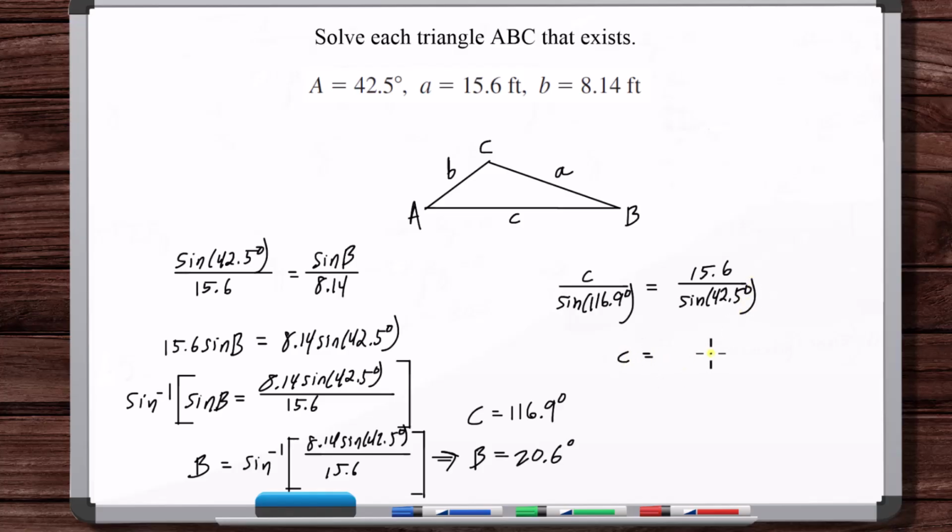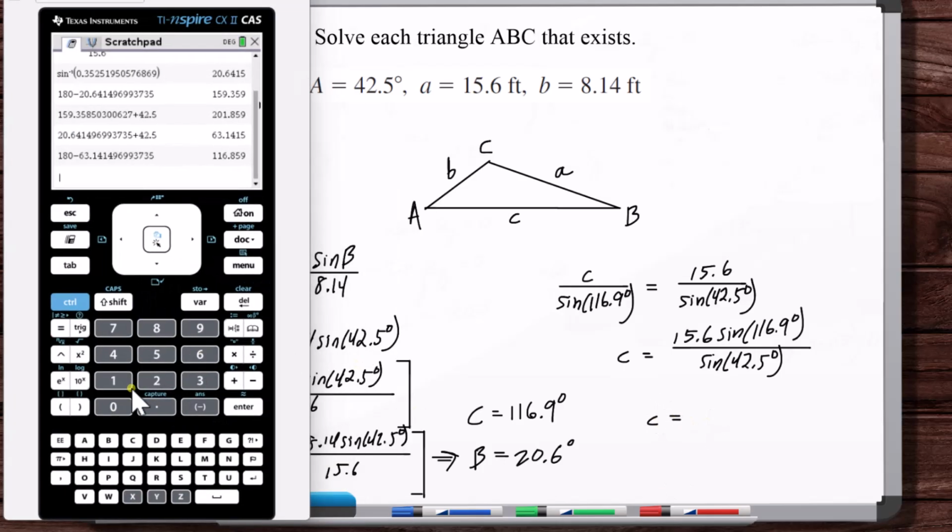Okay, so side length C is going to be equal to, cross multiplying, 15.6 sine of C, and then over sine of 42.5 degrees.